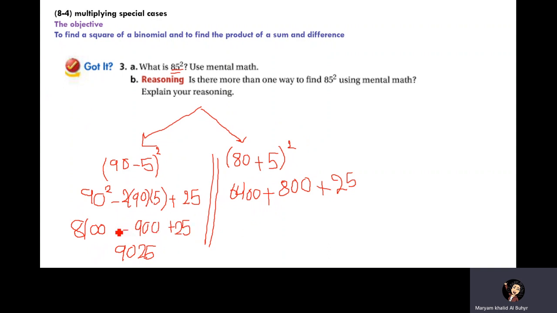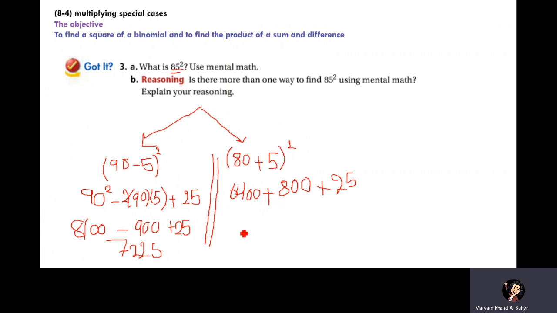Since here I added them, here you need to subtract. So for the first one, you have 8,100 minus 900 plus 25, which will give you 7,000 something.